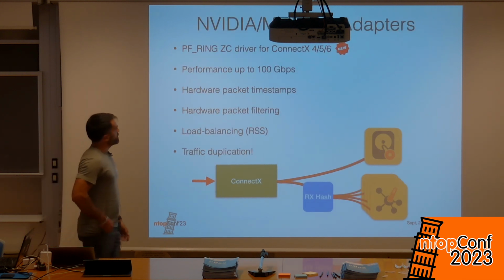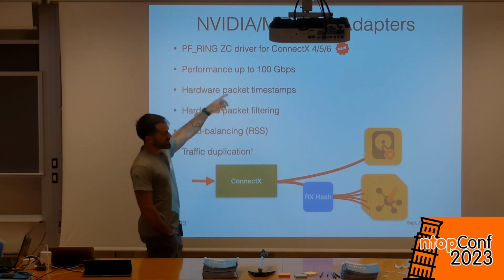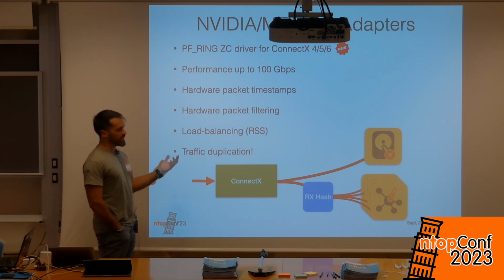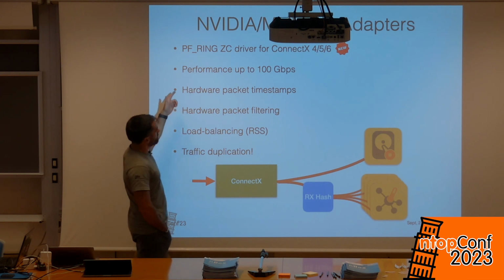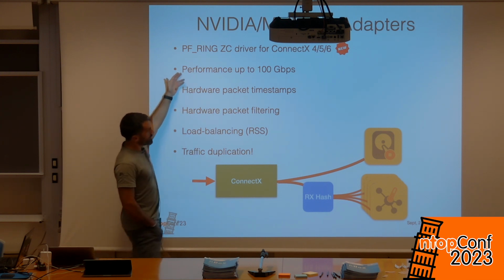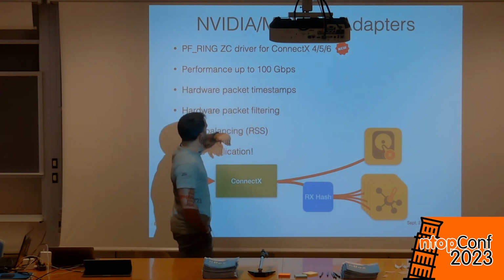As I said, we created new drivers also for the NVIDIA Mellanox adapters. They are in the same price range as Intel, so they are commodity adapters. They are, let's say, cheap with respect to specialized adapters. And they are really nice and flexible because, first of all, they are fast. They are able to capture and deliver the traffic up to 100 gigabits per second.